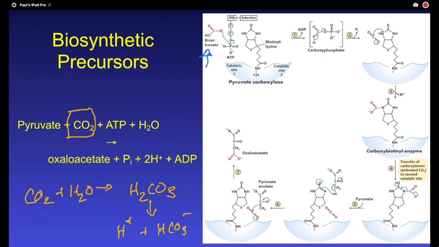And so in this process, what actually occurs is I can take the bicarbonate, we activate it, we react it with a vitamin that swings it from one active site to the other, and then we react it with pyruvate to make oxaloacetate. This can refund the citric acid cycle, and allow the citric acid cycle to continue to move.